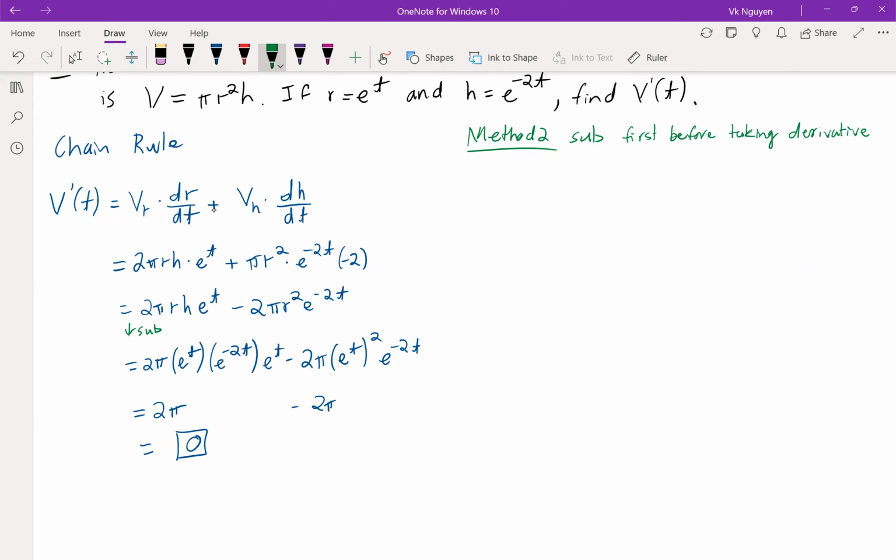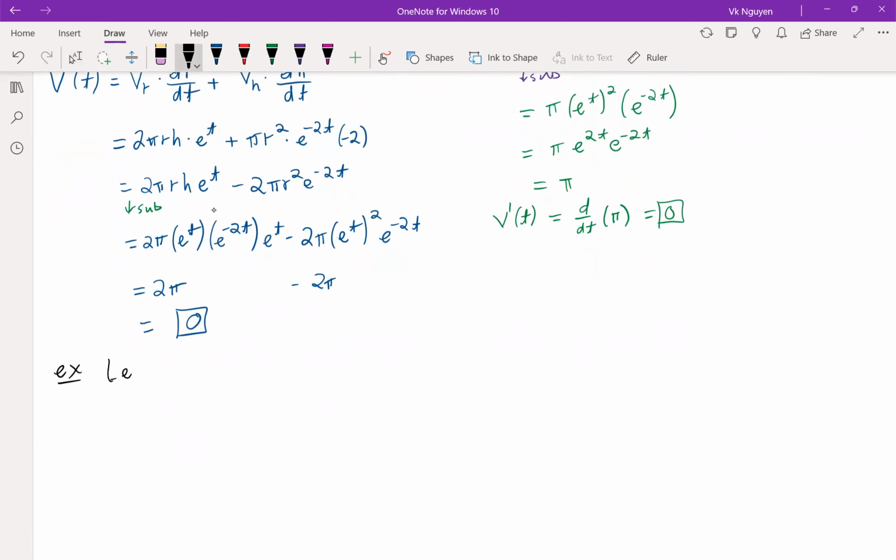V is equal to pi r squared h, so we do the substitution: pi (e^t) squared times e^(-2t). Here I have room to work it out: e^(2t) e^(-2t). What do we have? Just pi. And then ta-da, V prime of t is going to be 0, because it's the derivative of pi.